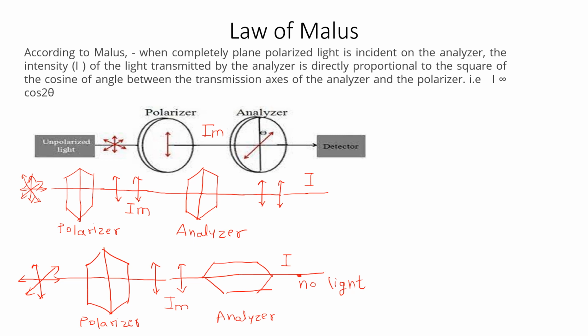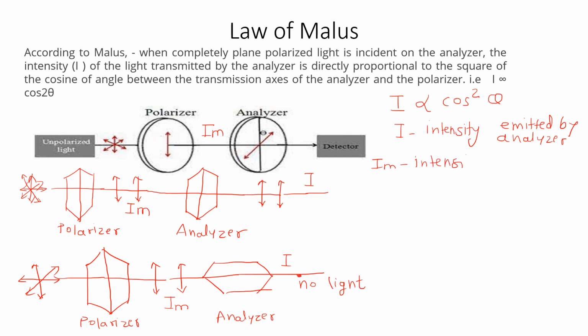The intensity of light emitted by the analyzer is proportional to the square of cosine of the angle between the plane of polarizer and analyzer.